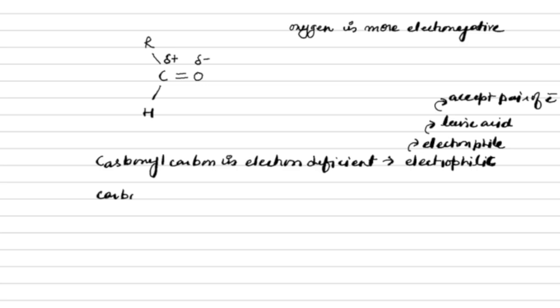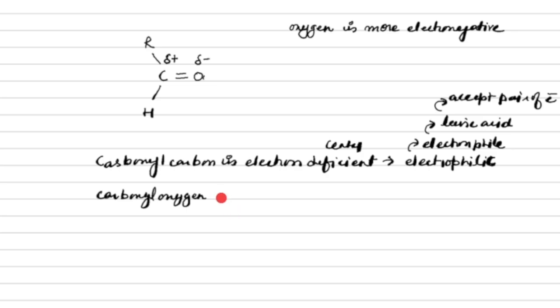What about oxygen? The carbonyl oxygen. So I'm talking about this now. Carbonyl carbon is an electron deficient center, we call that. So carbonyl oxygen, if you see, there is a negative charge on that, right?